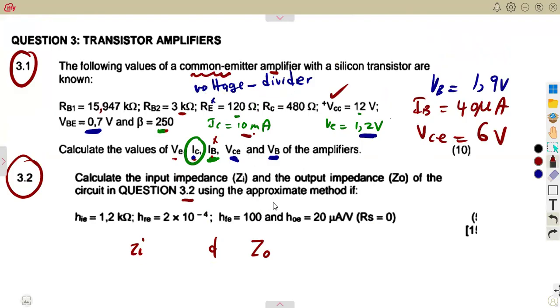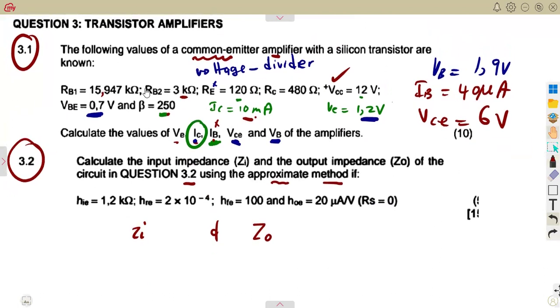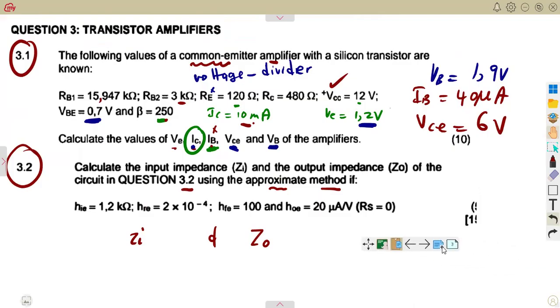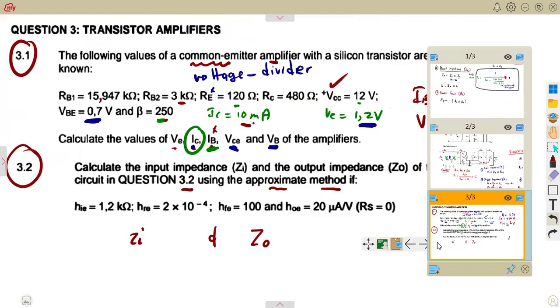But they are saying using the approximate method on a voltage divider. I explained this before in our introduction. I think I still have that part of our introduction so that we can relate to what I explained before, and now use the approximation method to relate that part and see how it can be.